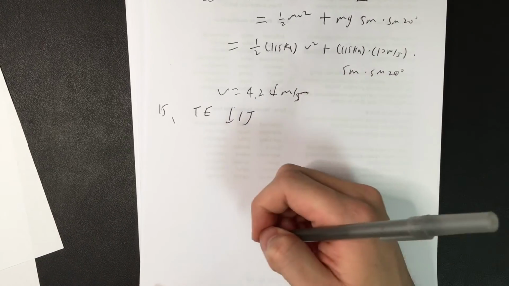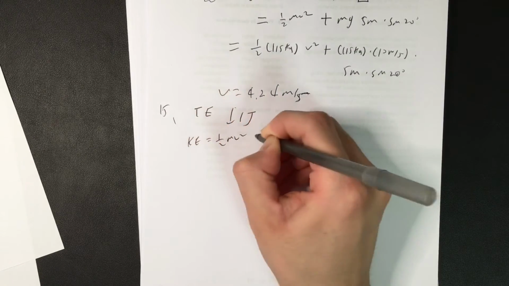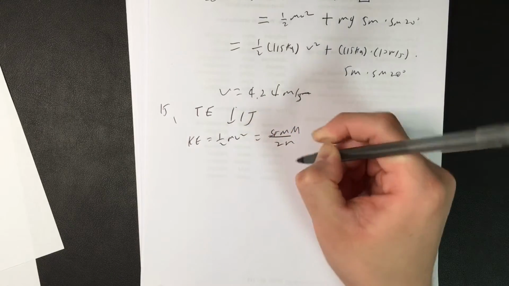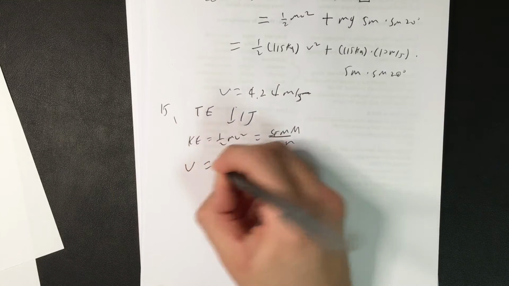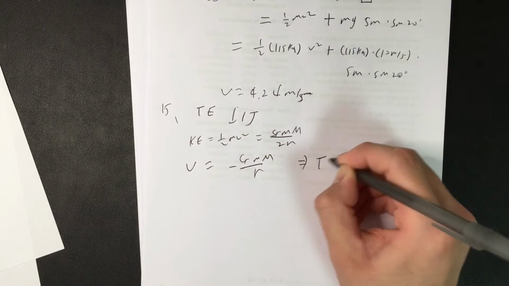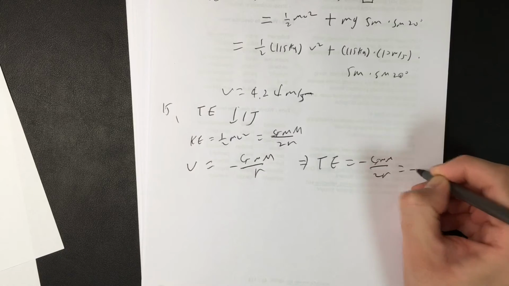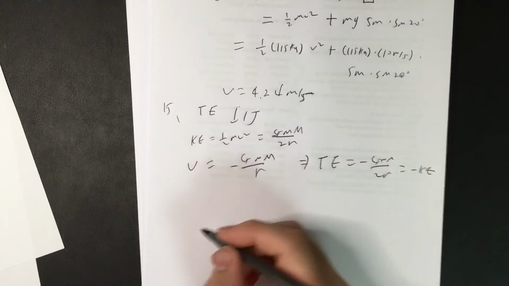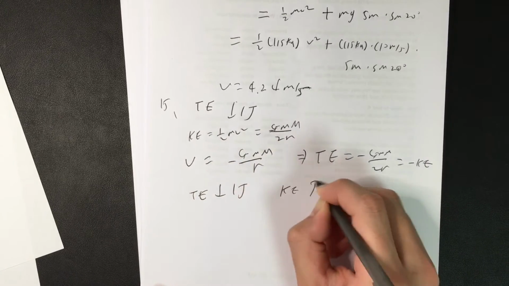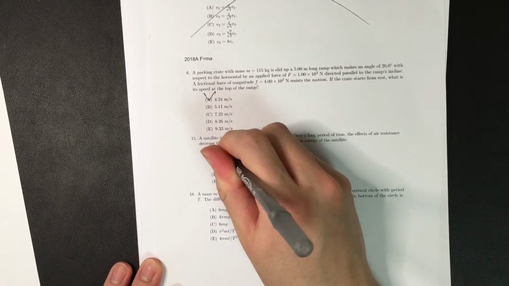Now, remember what I said previously: kinetic energy, which equals 1/2 mv squared, happens to be GMm over 2r, and gravitational potential energy is negative GMm over r, which leads to total energy becoming negative GMm over 2r, which is also the negative of kinetic energy. So when total energy decreases by 1 joule, the kinetic energy should increase by 1 joule. Therefore, in this case, the answer will be A.